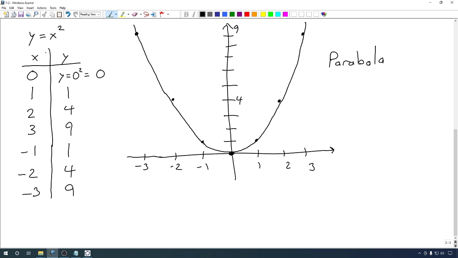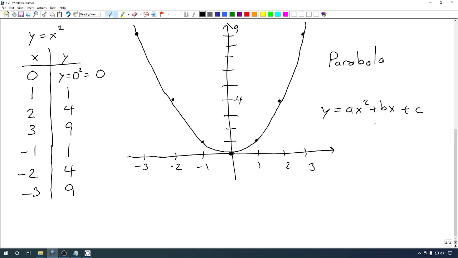And it turns out in any quadratic, so here y equals x squared is the simplest quadratic that we can have, but any quadratic of the form y equals ax squared plus bx plus c, where a, b, and c are numbers, but we don't want a to be 0, or else it's a simpler category called a linear equation.